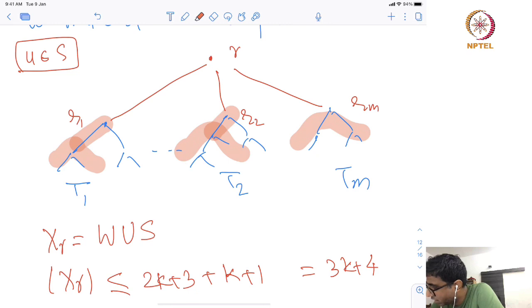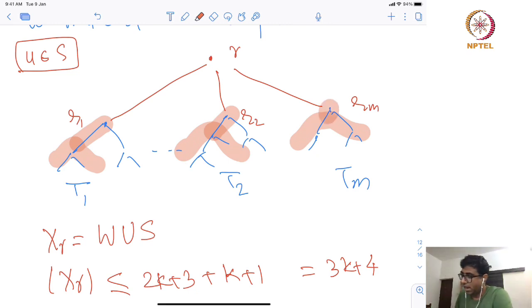The vertex u is also part of the root bag, so there is also a node like this. It means this gets connected. That shows the connectivity part, which means that indeed what we have obtained is a valid tree decomposition of width 3k+4.